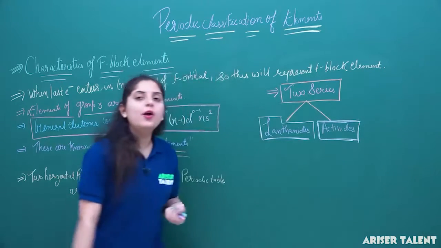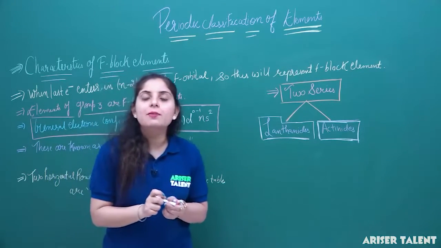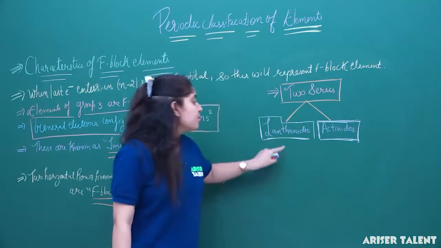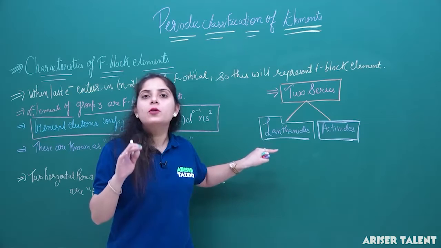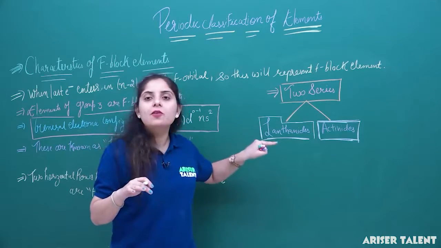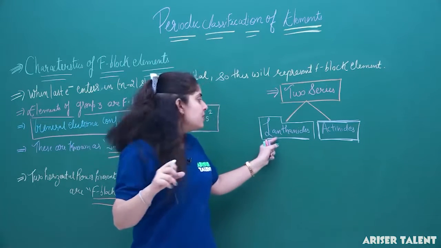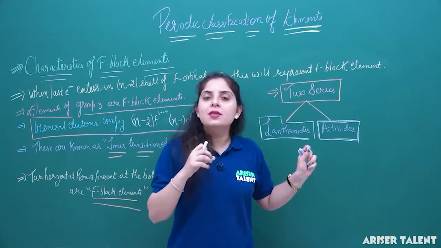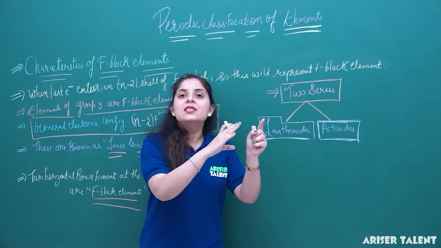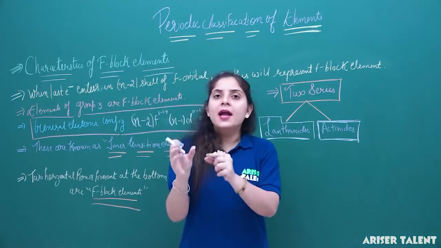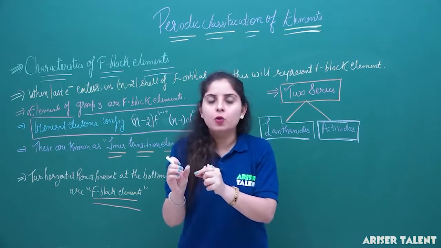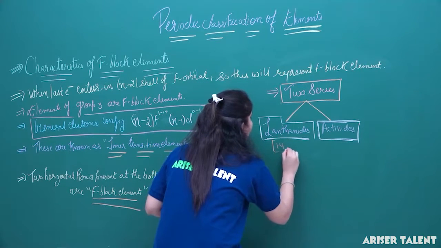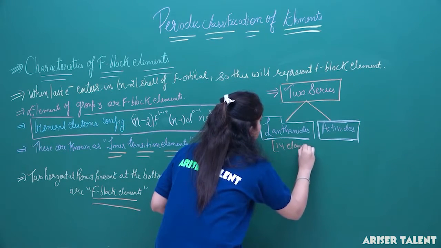Now the lanthanoid and actinoid series each consist of 14 elements. The lanthanoid series starts from lanthanum, atomic number 57, and then goes from cerium to lutetium, comprising 14 elements in total. So both series consist of 14 elements.